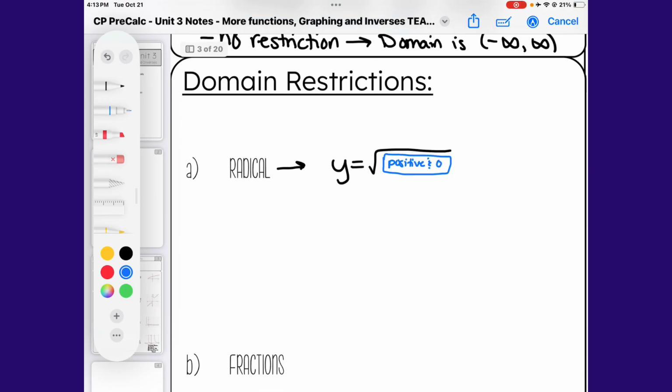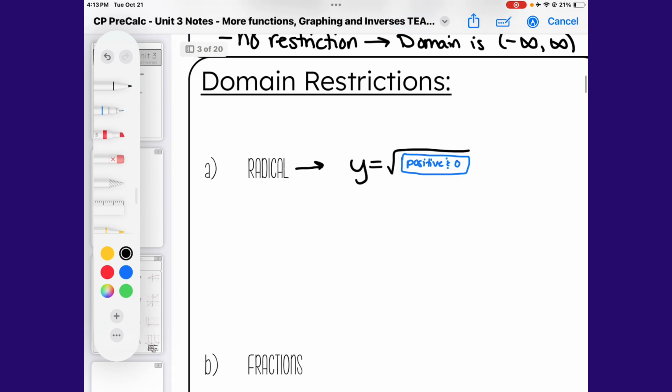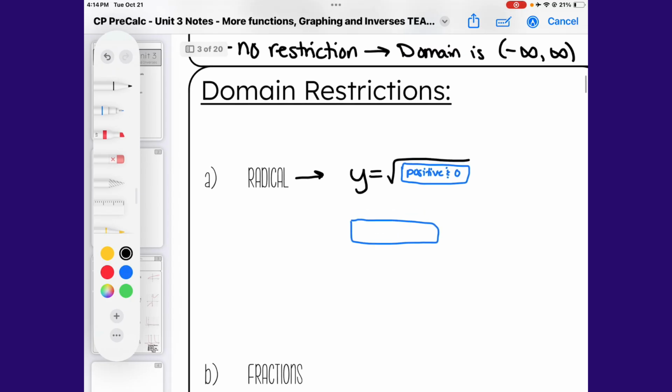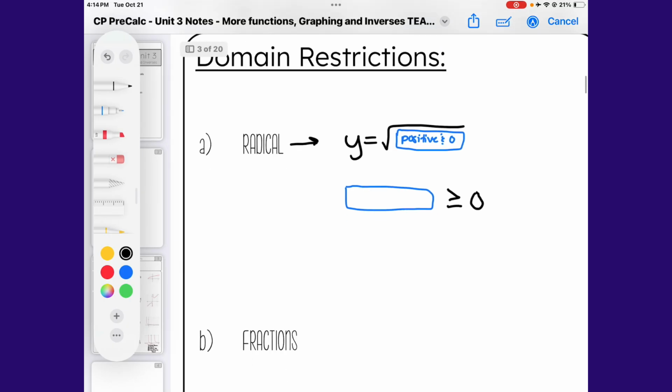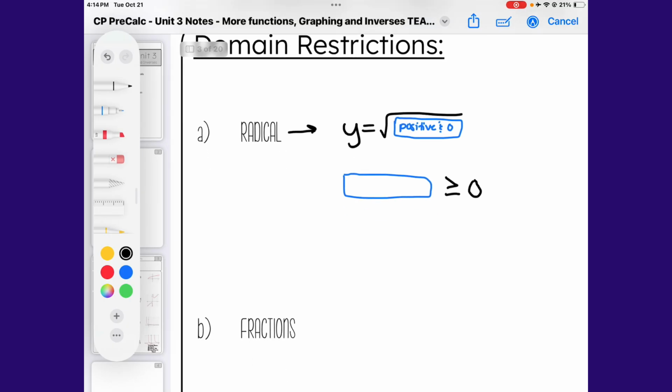So whatever number is in there has to be positive or equal to 0. So we're going to take whatever is underneath of that radical and we are going to set it greater than or equal to 0. We will then solve for x and that will give us our domain restriction.